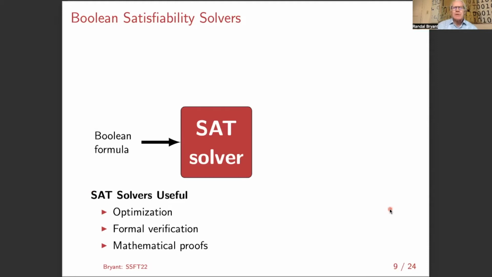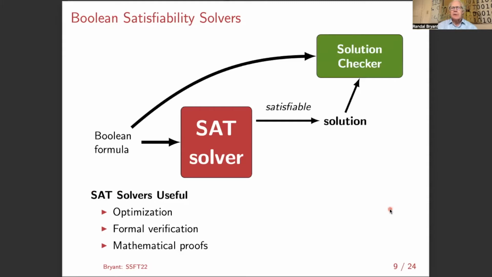So if a formula is satisfiable, the solver can produce a solution to it, and then we can easily check, does that solution really satisfy the Boolean formula? So that one's fairly safe. But if it's unsatisfiable, then it's open to speculation. What if there's some bug in the SAT solver?